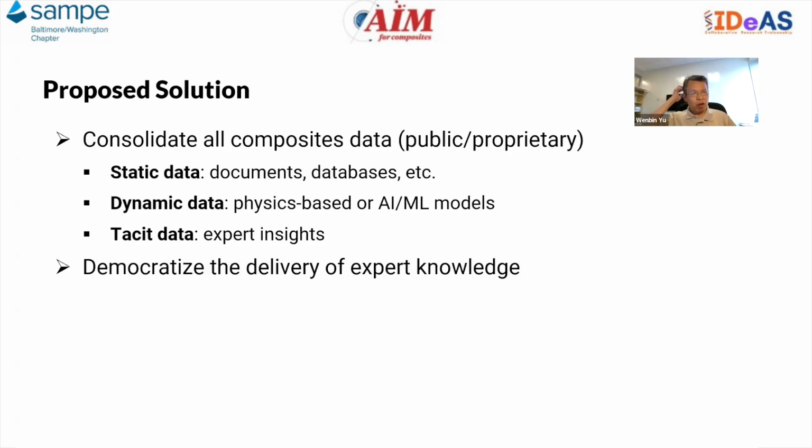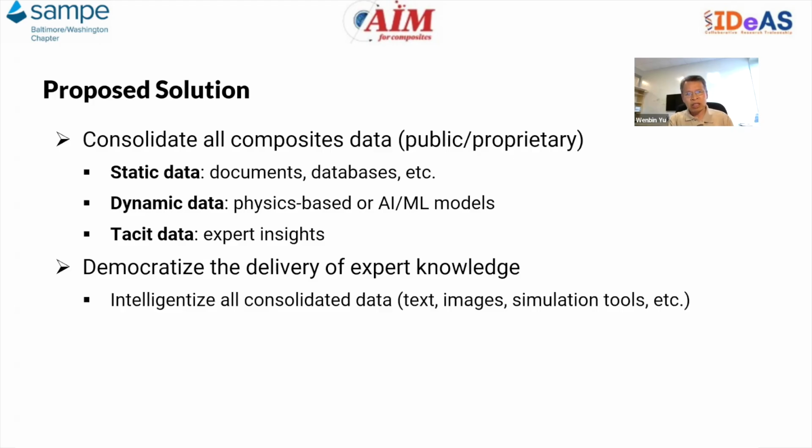And that's the first part of our solution. The second part of our solution is not only to put all the knowledge, information, or data together, but also to democratize it in such a way that whoever needs answers can get answers, without necessarily having very solid training. This is what I call democratizing the delivery of expert knowledge.